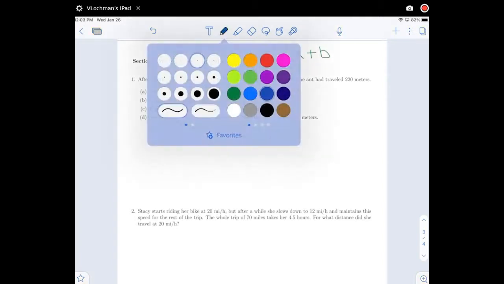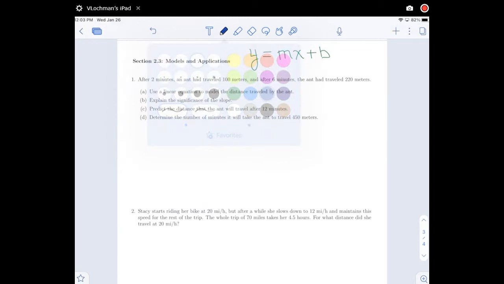I'm going to go ahead and introduce new variables. So d is going to be my distance traveled, and then t, that's going to be time. So d depends on t. You can think about d as your y, t is your x.